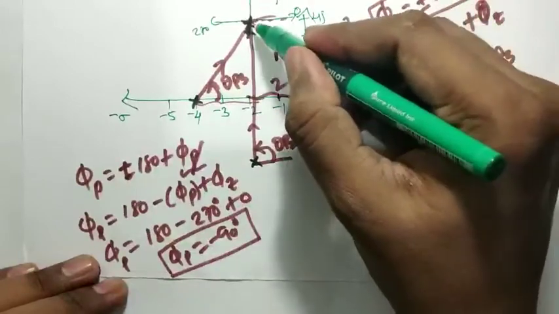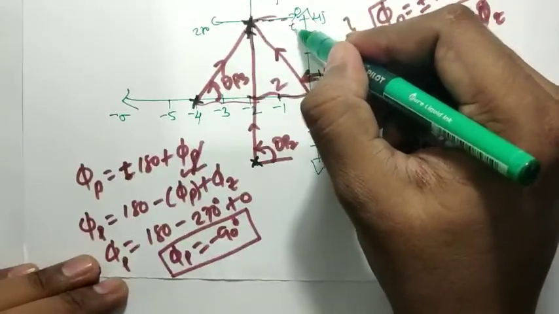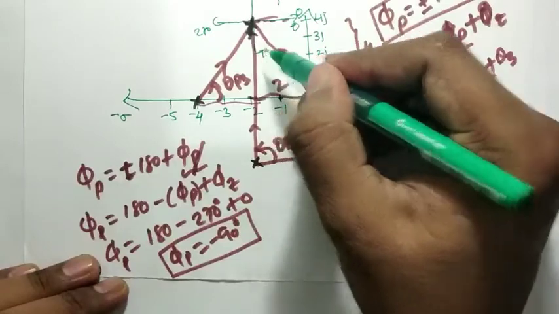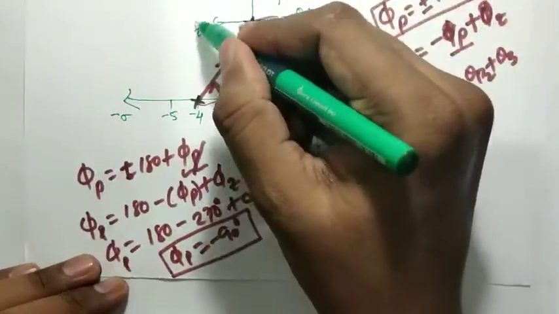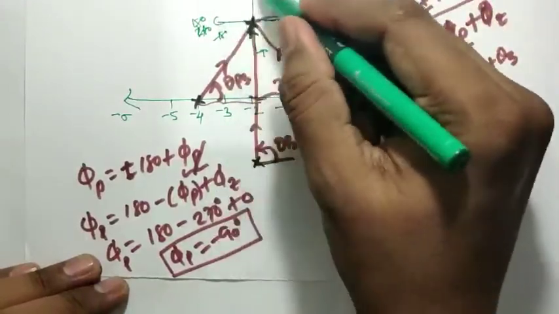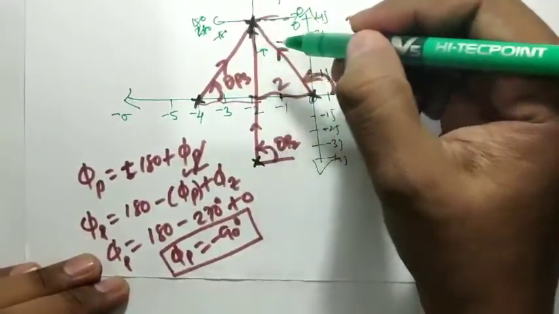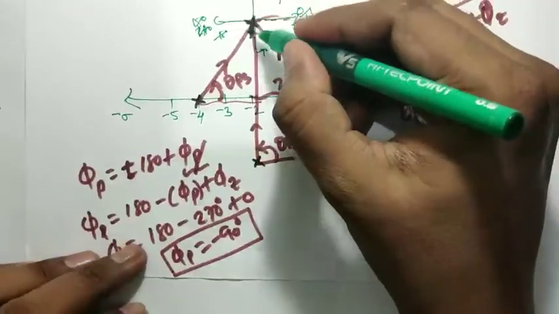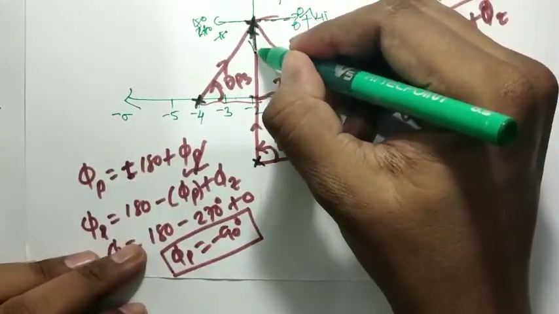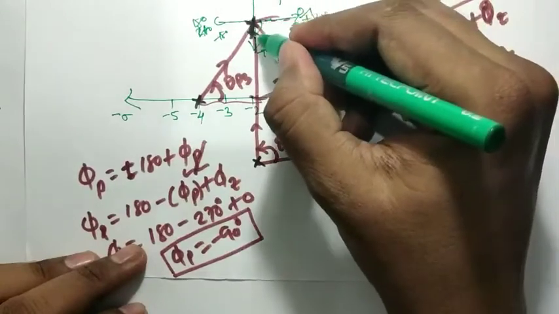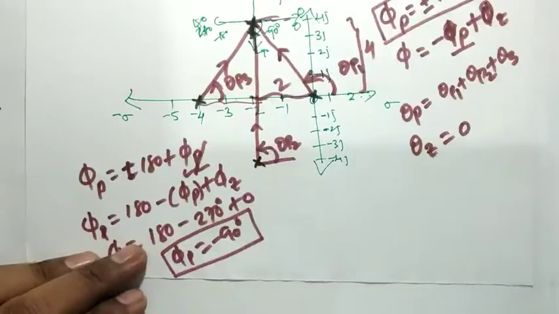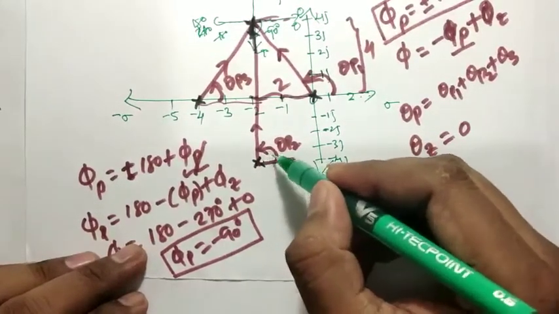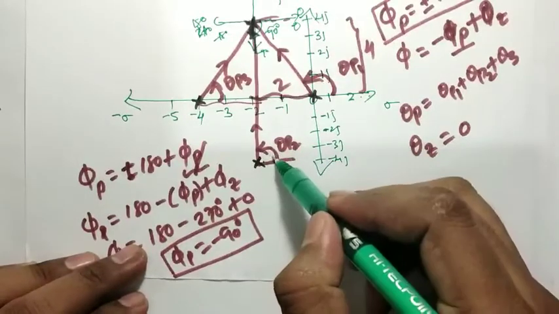If you go in this direction, 0, minus 90, and this is minus 180. So if you go like this, you got minus 90. It means your angle of departure, the angle at which your pole is moving, is 90 degrees. And this pole also is minus 90.